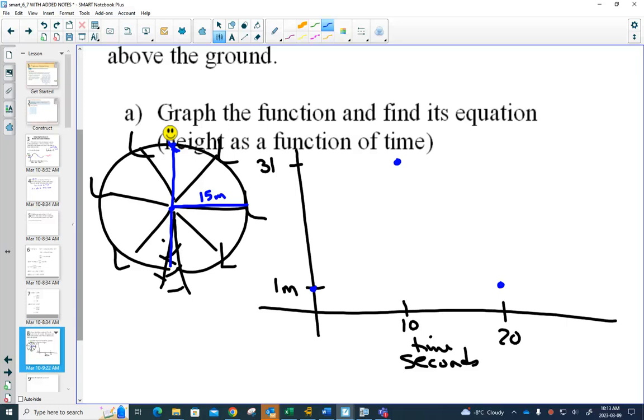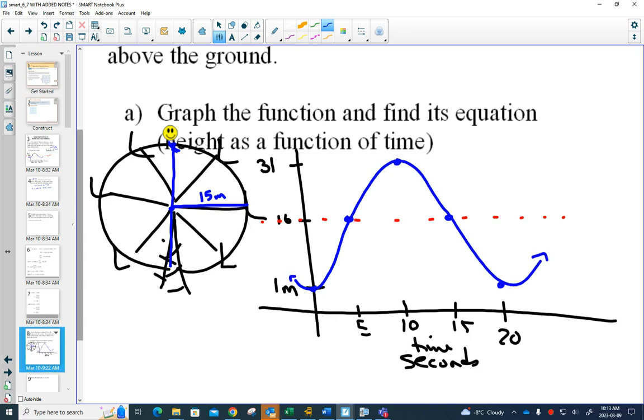In fact, we can probably already see that the center line is going to be at 16. And what times will you be on that center line? Well, halfway of 10, that will be 5 and 15. It makes sense that that's where you would be on your center line.